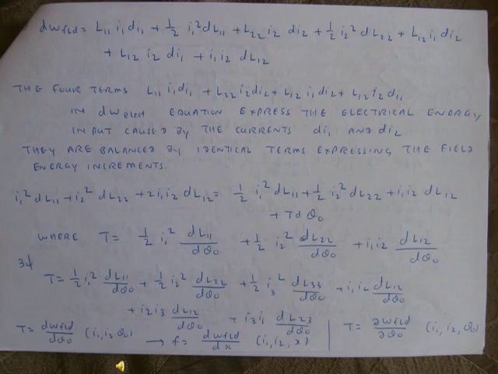T equal to dWFLD by d theta 0. This is the dynamic equation of the magnetic system.